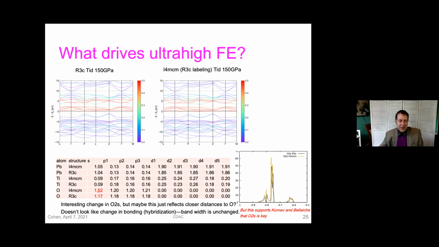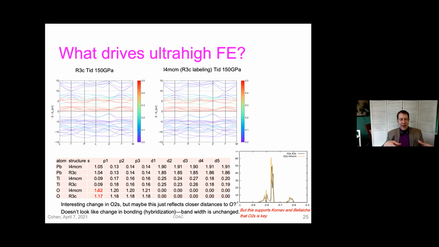So this is only counting up. I should clarify what these numbers are. This is how many electrons of a given character are in a sphere of a given radius around the nucleus. It's hard to say what electron belongs to what. In quantum mechanics, the electrons just go everywhere. So you can't really say this is an oxygen electron and this is a lead electron.